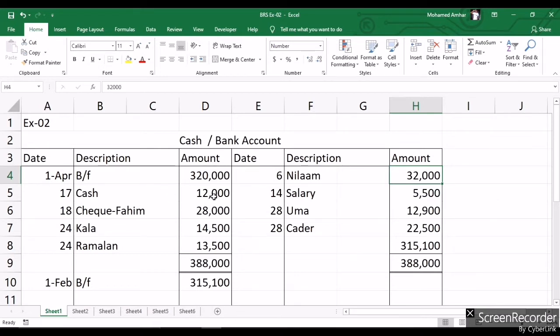Right. So the organization wouldn't have recorded it on the credit side, because still the organization does not know whether the bank paid it or not. Right.